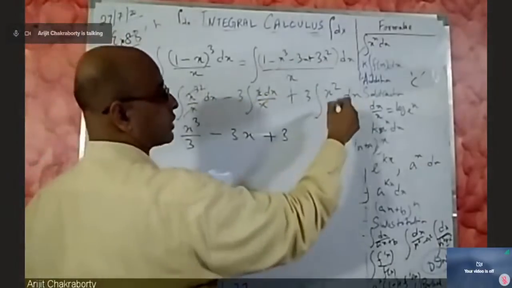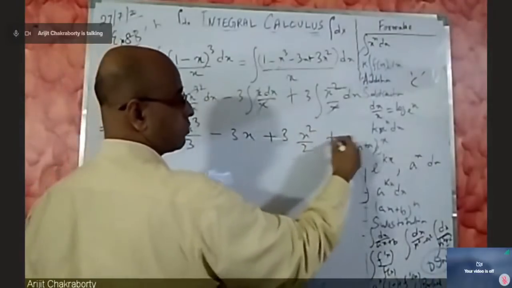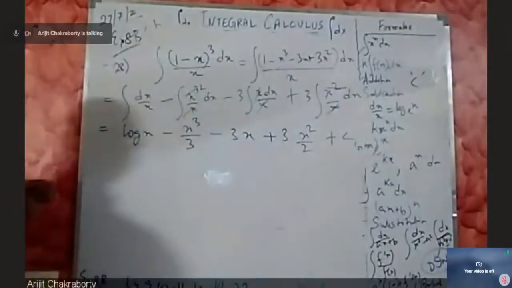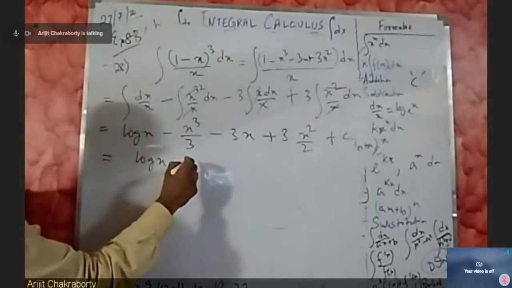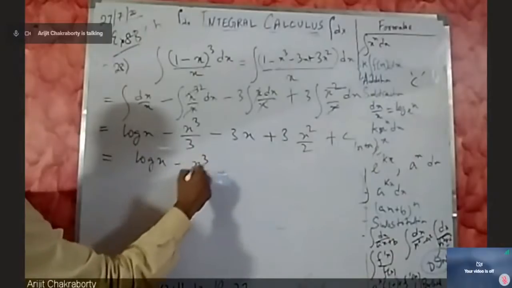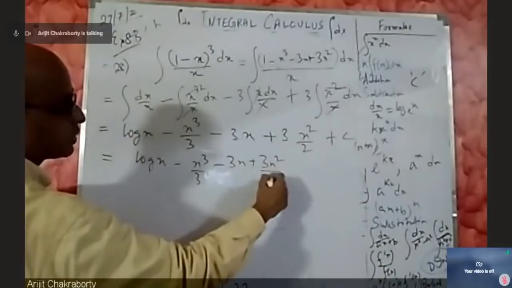Again it cancels out, you have x dx, which means x square by 2, plus constant c. So it reduces to log x minus x cubed by 3 minus 3x plus 3x square by 2 plus c.